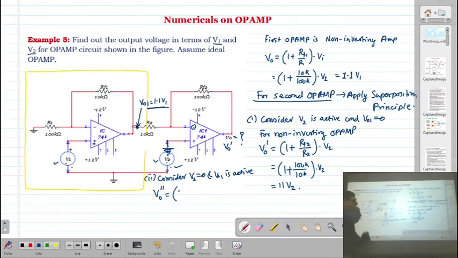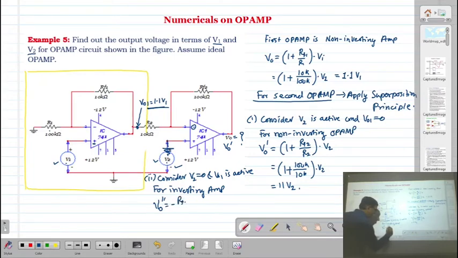So now this circuit is behaving like an inverting amplifier. It is an inverting amplifier. Correct? So in that case, we can write for an inverting amplifier, my output voltage VO double dash is minus RF2 by R2 into VO1.